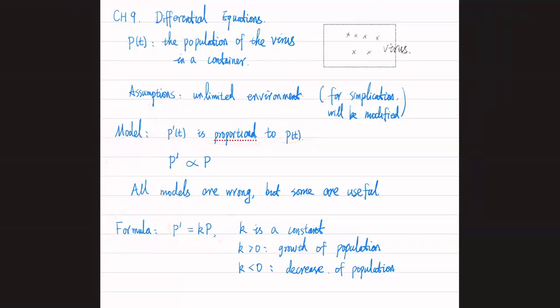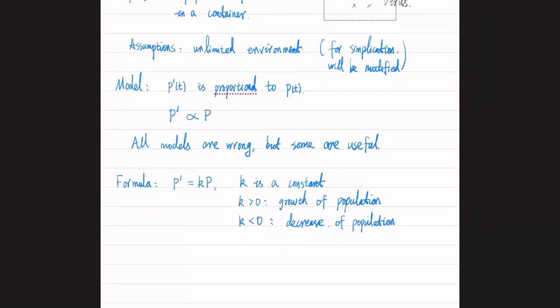This formula, first, it's an equation. It's an equation about the unknown population function. This equation also involves the derivative. Because of this, we call it a differential equation. So this is our first differential equation.